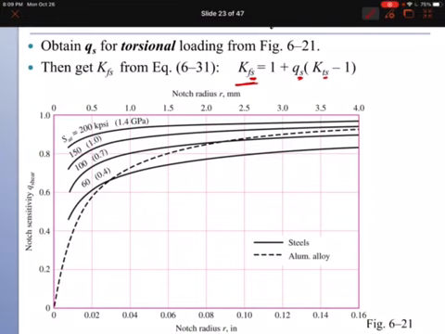You're going to need notch radius and ultimate strength, and you need to match. For example, if we have 400 megapascal, which is this curve, and a notch radius of 3 millimeter, this is the intersection here. You go and read Q.